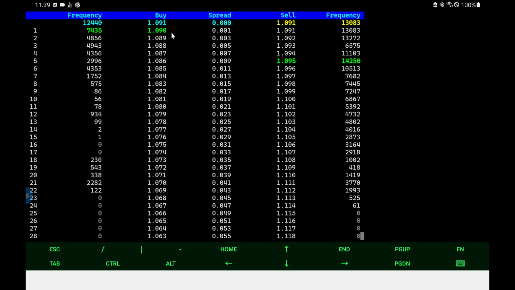And here at 1.090, price has been here 7,435 times. So you begin to see both from the buy and sell side where the buyers are likely to be and where the sellers are likely to be.